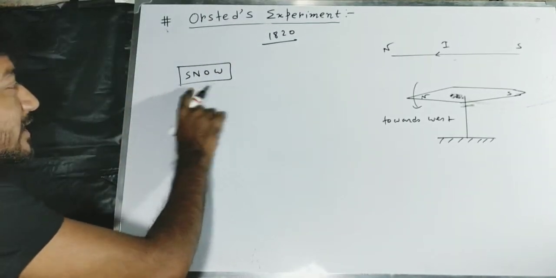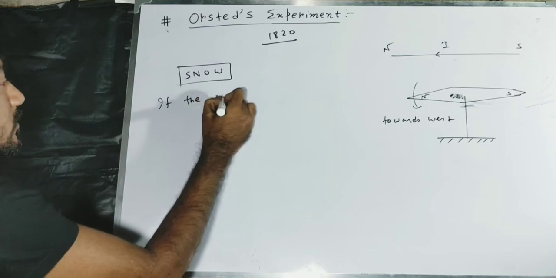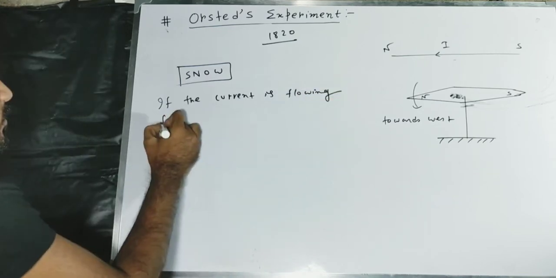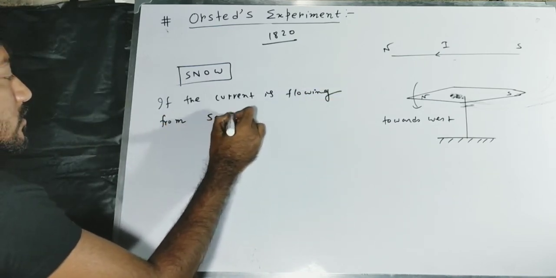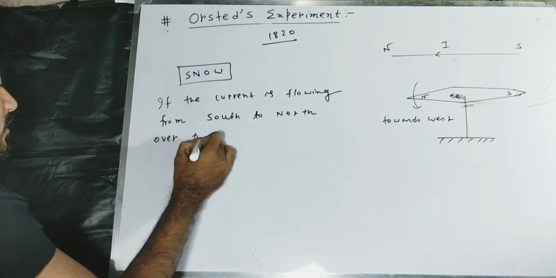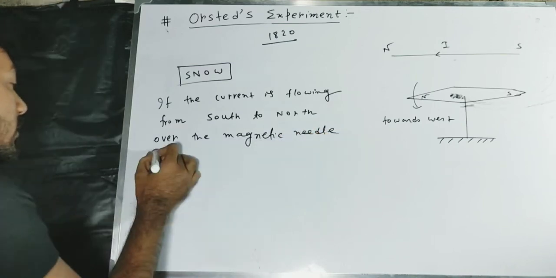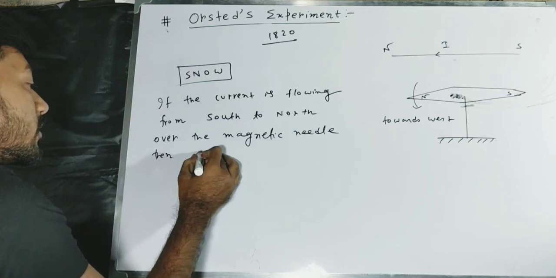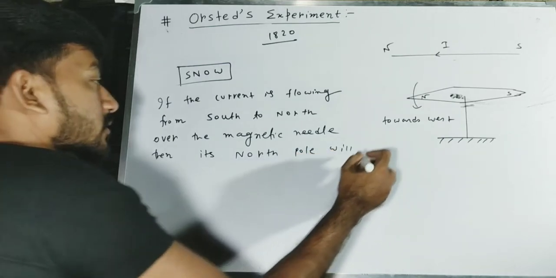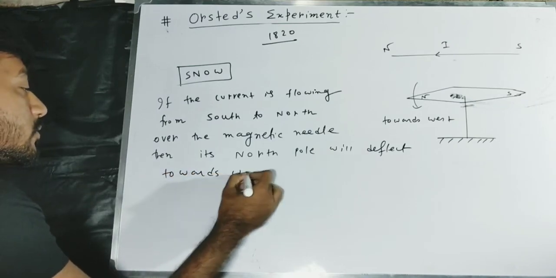Now if we expand this word SNOW, it means that if the current is flowing from south to north over the magnetic needle, then its north pole will deflect towards west.